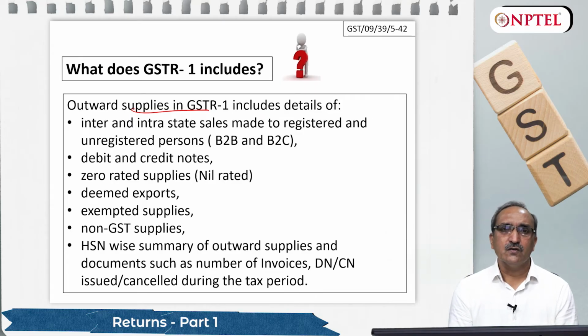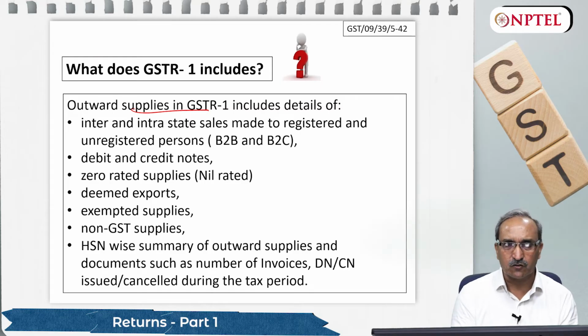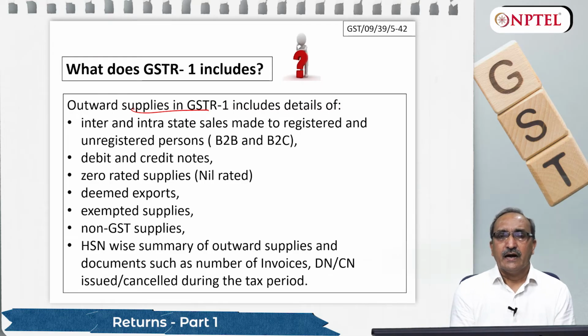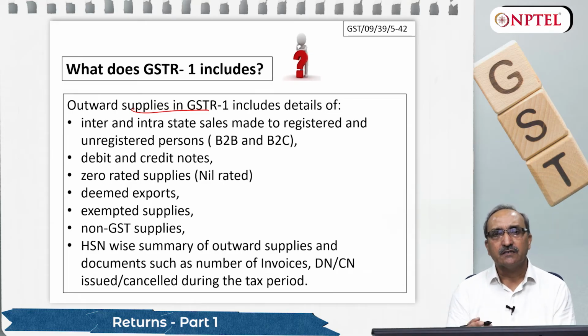Friends, we all know if there is any amendment in a bill, if you have sent some invoice to your consumer and later on there is any change in that particular bill, either tax is increased or tax is reduced. If the invoice value has gone up, you raise a debit note, and if the invoice value has come down because of the change, then you issue a credit note.